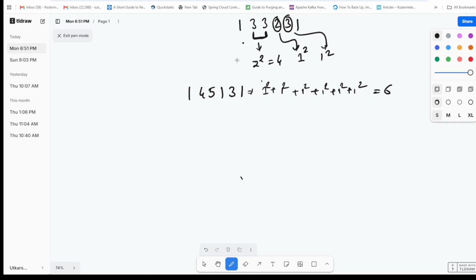Another possible way, since they have given that we can remove the same continuous boxes: if we remove these two, then these two 1s will come together continuously, and the remaining array will be something like this.